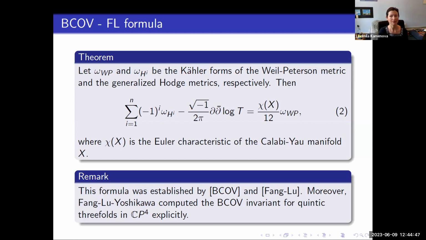So let's take the moduli space of Calabi-Yau n-folds. There is the Weil-Petersson metric on this space, and there are some generalized Hodge metrics as well, which I'll define in a couple of slides. If you take their Kähler forms, then you can express dd bar of the logarithm of t in terms of their Kähler forms.